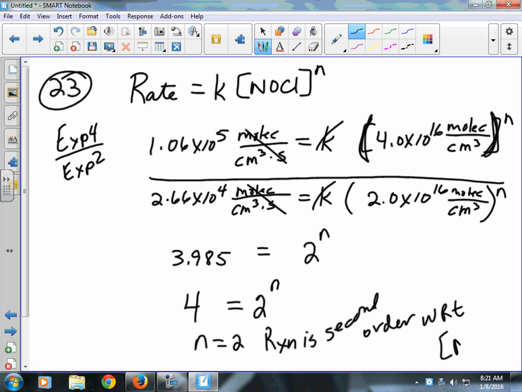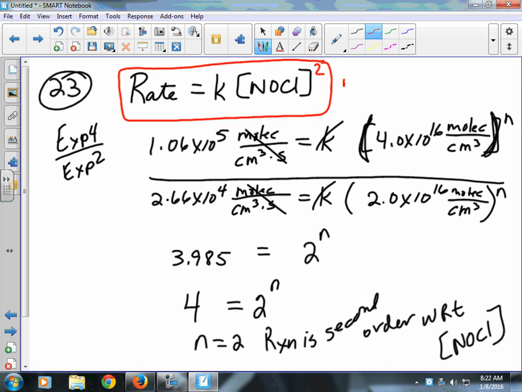But they want the rate law. So to get the rate law, you need to take right here, this n, erase it, and put in a 2. This is the rate law. When they say, what is the rate law, they want what's in the red box here.